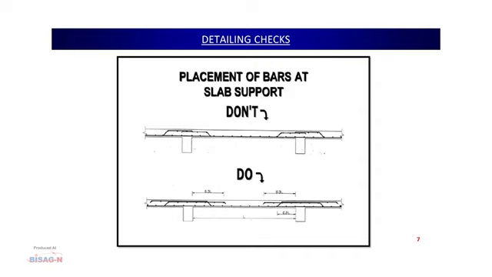They think that they have given a bent-up or cranked the bars over here, and they just continue up to this point only for namesake. They do a similar thing at all the junctions, and we have to enforce on site that whatever bars are getting cranked up, they are taken at least 0.3 L beyond the support. This has to be ensured at every joint. You should not check only one or two joints. You should check at all the joints that the extended portion is taken beyond 0.3 L at least.